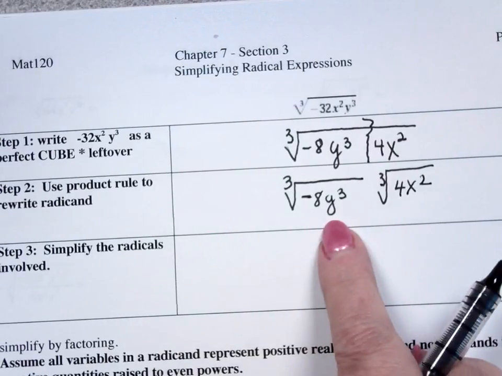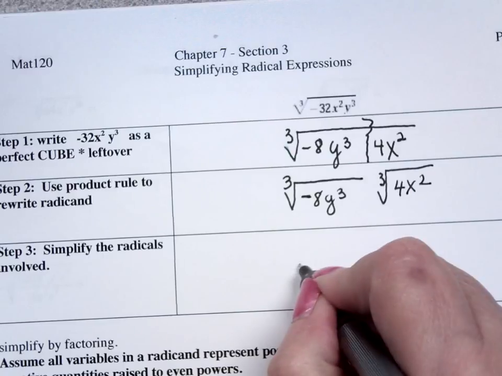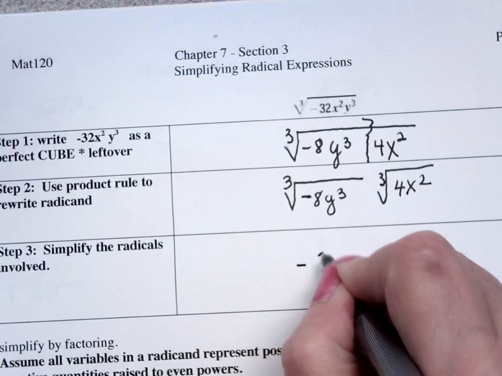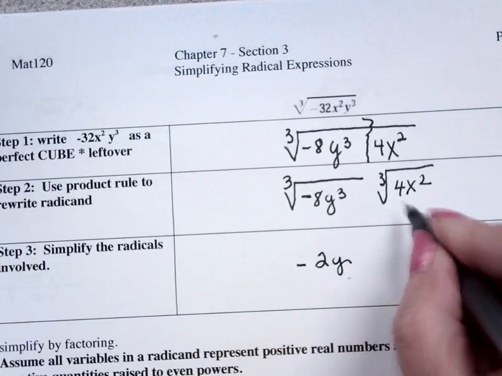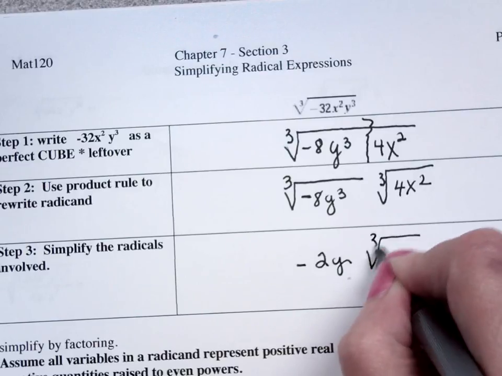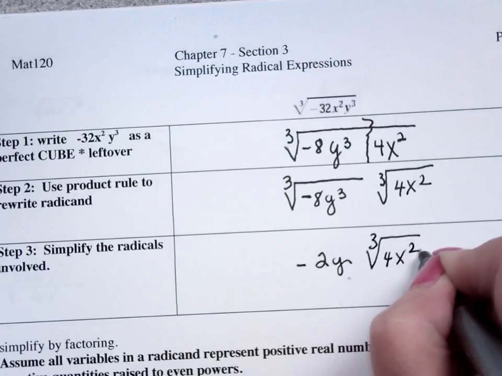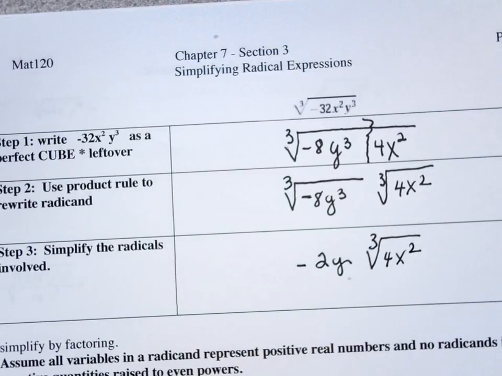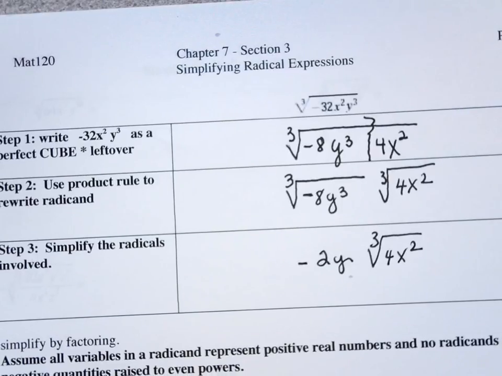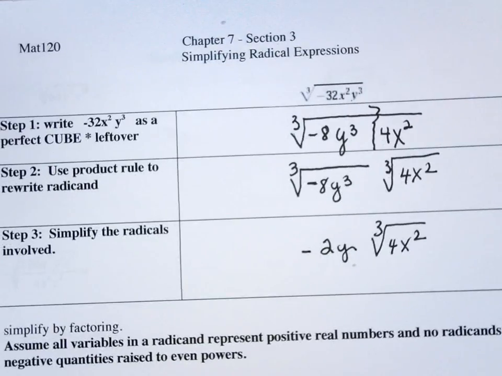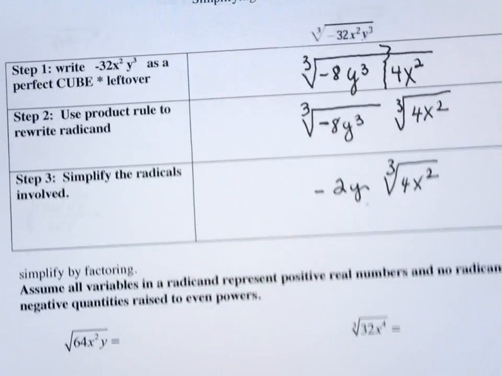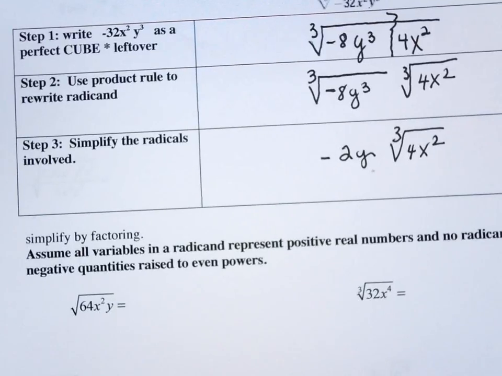The cube root of negative 8y cubed is negative 2y, and times what's left over. So that's the last of the guided ones.